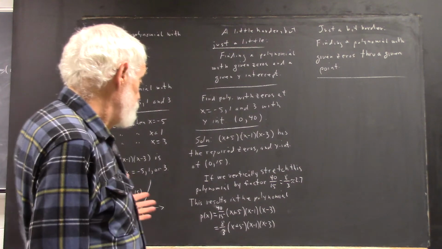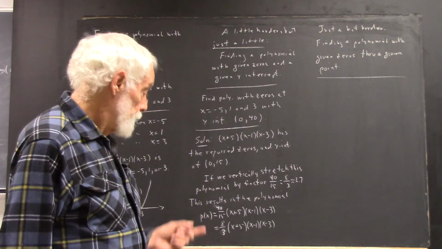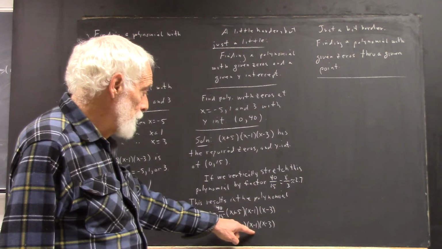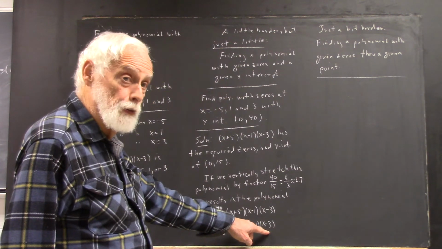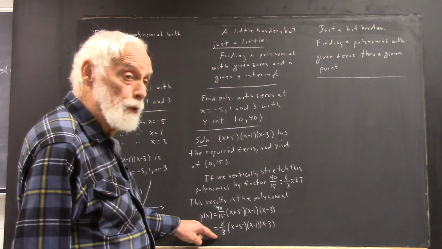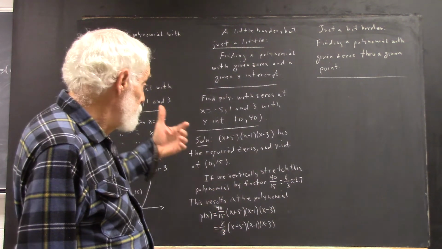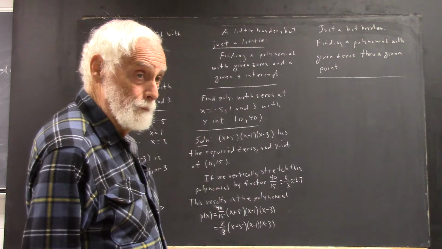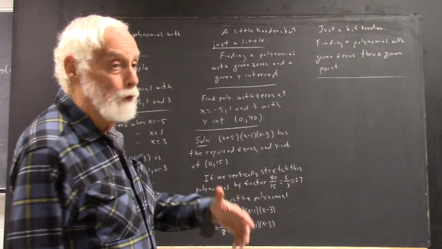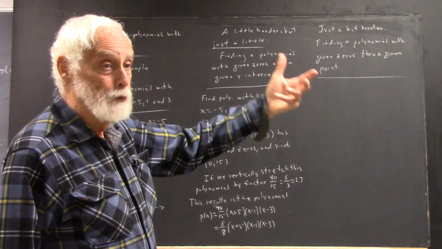Okay? And now if you plug in 0 for x, you get 5 times -1 times -3, which is 15, multiplied by 8/3, which does give you 40. Okay? 1/3 of 15 is 5, and 8 of those is 40.